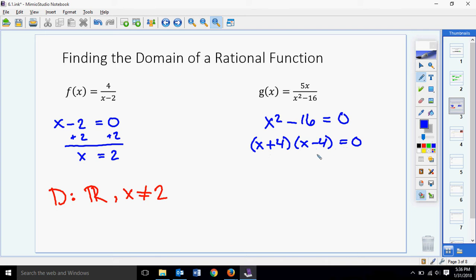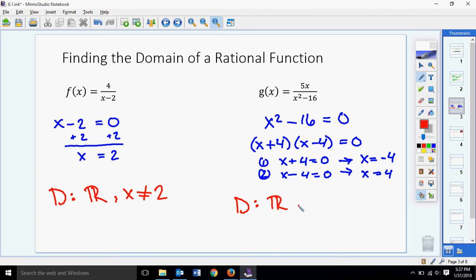Also from chapter 5, we set up our two equations: when x plus 4 equals 0 and when x minus 4 equals 0. This leads to x equals negative 4, and x equals positive 4. So the values of 4 and negative 4 make our denominator equal to 0. For our domain, we can have all reals, except we can't have x equal positive 4 or negative 4.